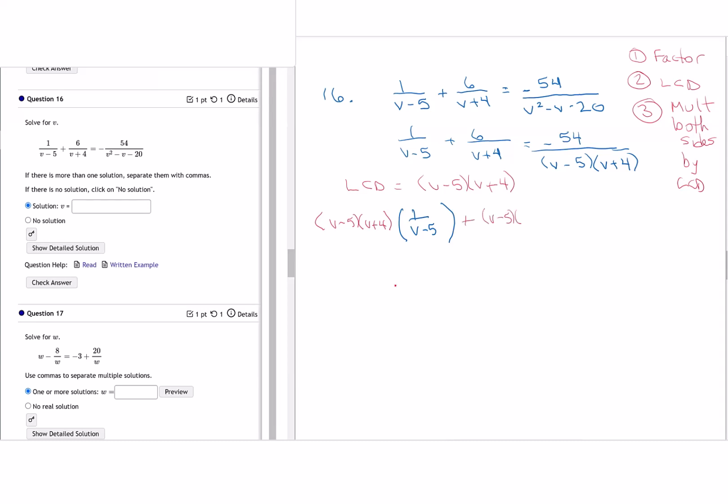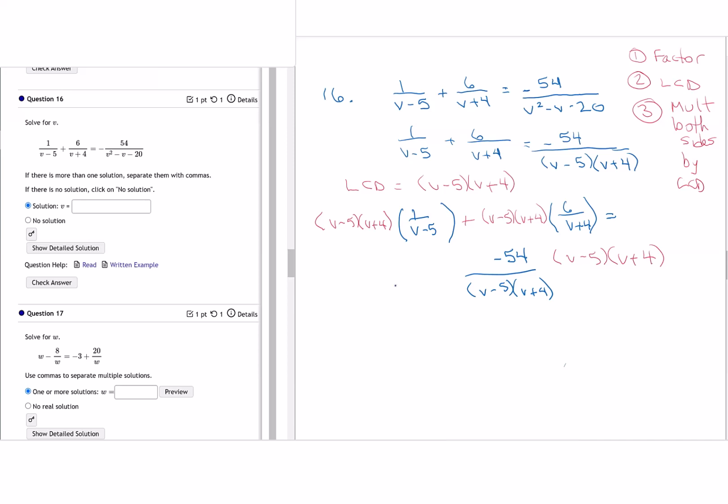V minus 5 times V plus 4 times 6 over V plus 4 equals minus 54 divided by V minus 5 times V plus 4 times V minus 5 times V plus 4.